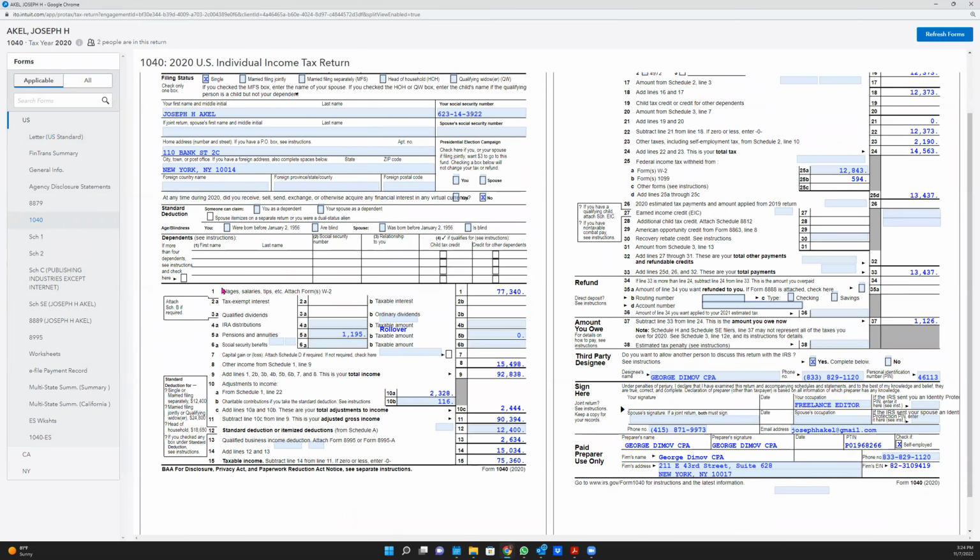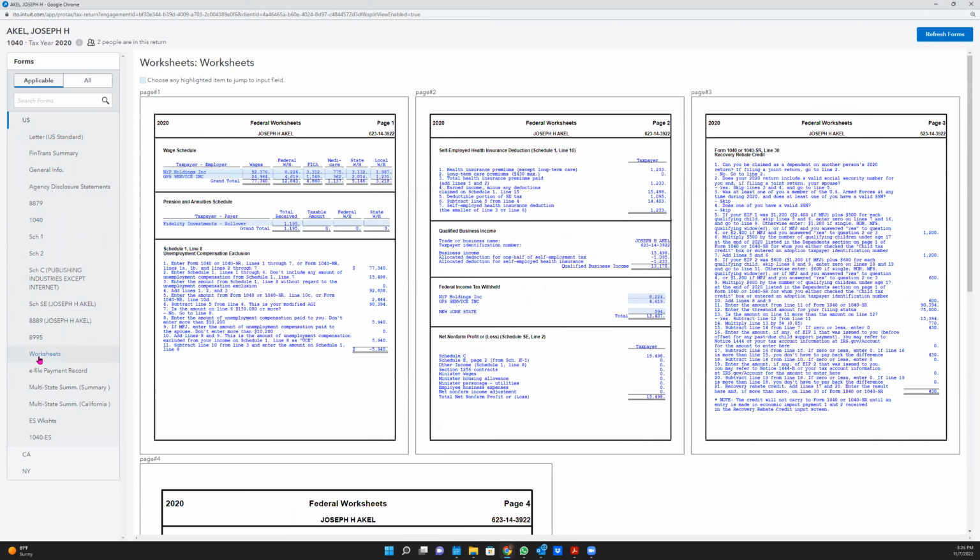Sure. And so the first thing we usually look at is wages. So this is Form W-2. These are going to be wages for the year, and all of the individual taxpayers are calendar year taxpayers, meaning from 1/1 to 12/31 of a given year. On the Form W-2, you will see that it contains wages.